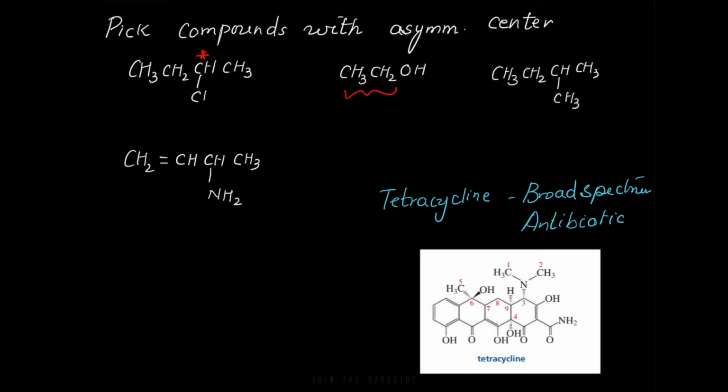This is not a chiral center, not a chiral center, not a chiral center, nor a chiral center. But look at this carbon. It has hydrogen, a methyl group, and another methyl group. So you have two methyl groups on that carbon, which means it doesn't qualify as a chiral center.